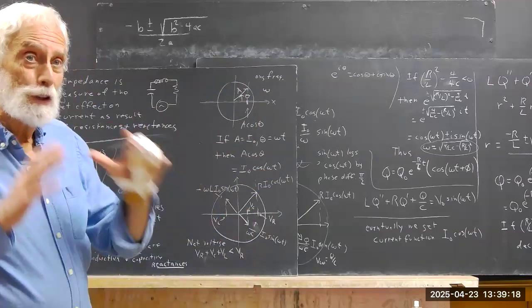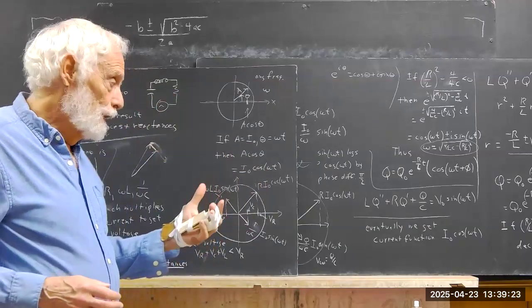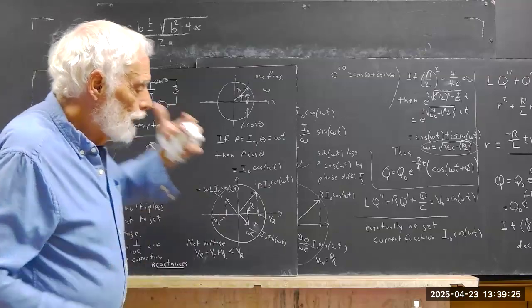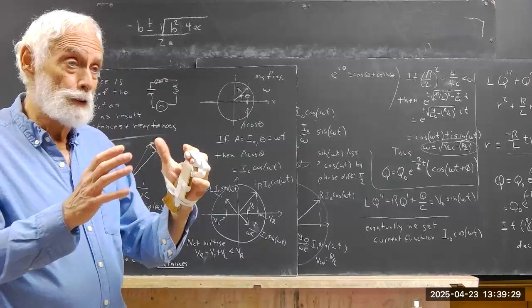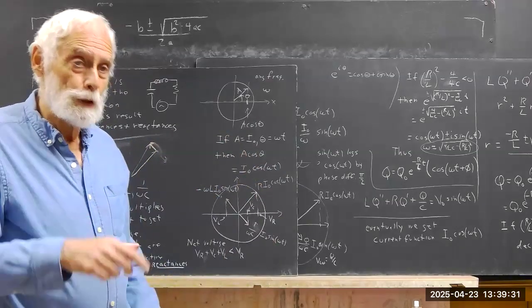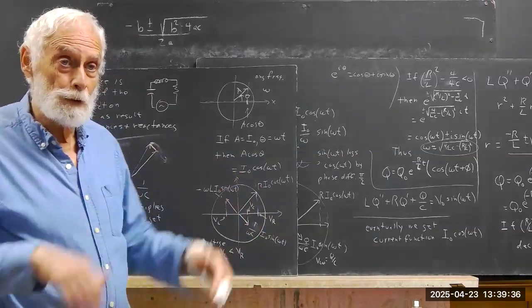So Q is charge. If you have the charge on a capacitor, the derivative of that charge is your current, because that's the rate at which charge is flowing from one plate of the capacitor to the other.